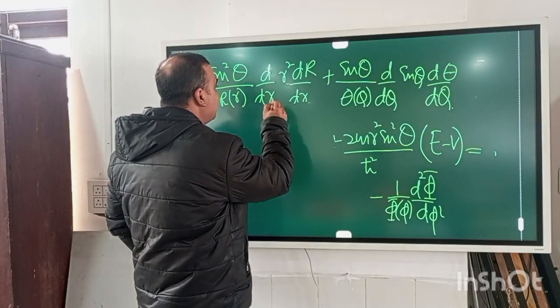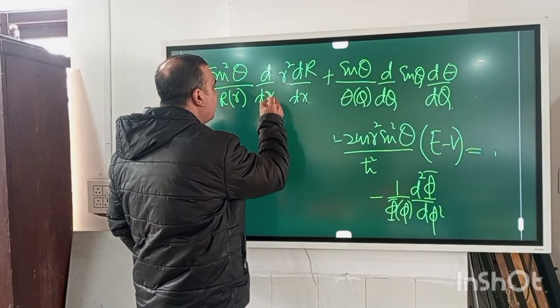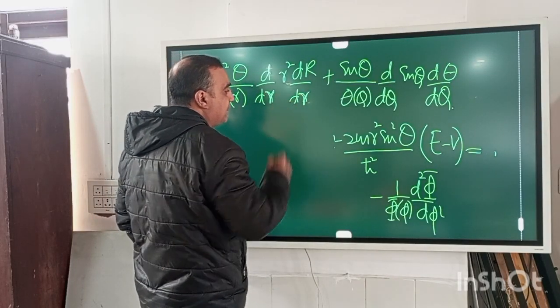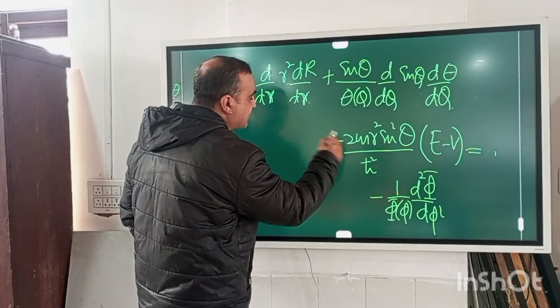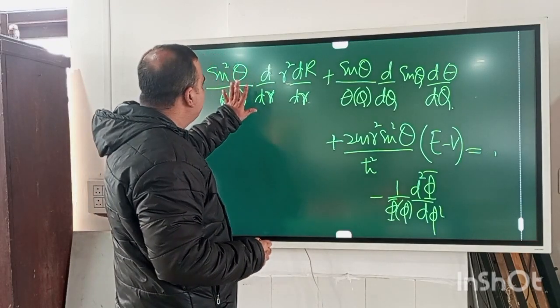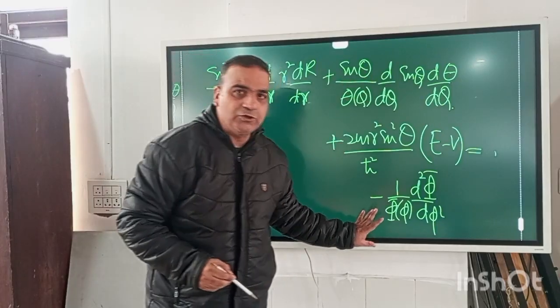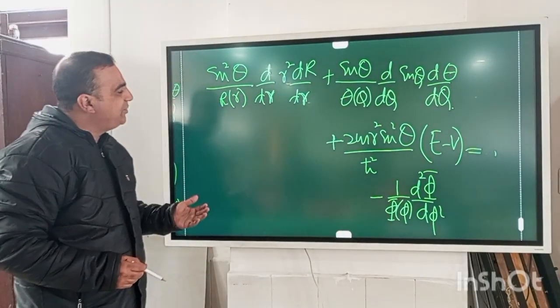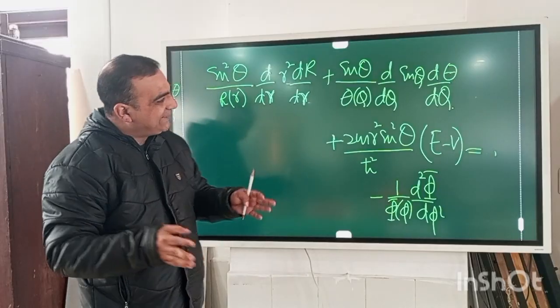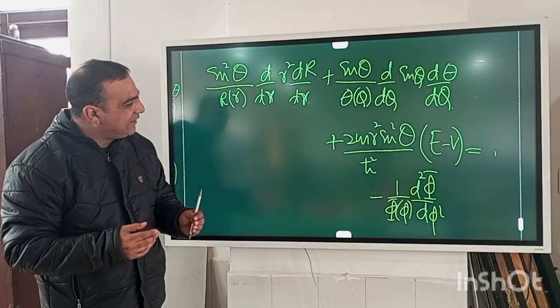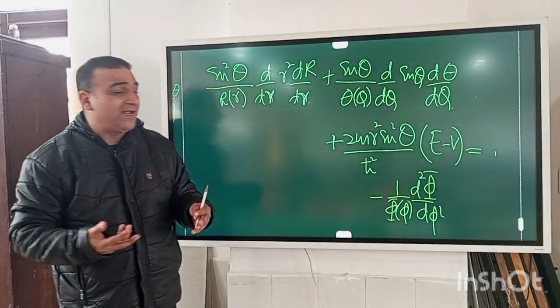So what is this? This is d by dr, and this is dr. Okay, so here we have plus. Now this plus this is equal to this. Now what I can do is make sense out of this equation only if I incorporate a constant.